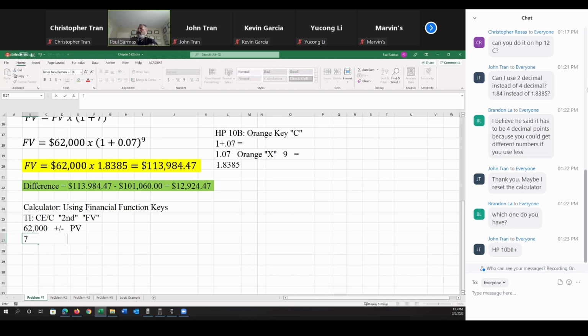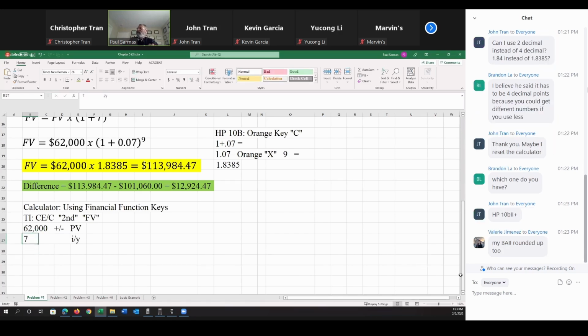You put 7, you press the I/Y key, and then you put 9, and that's for 9 years. Then you press the compute key and future value.